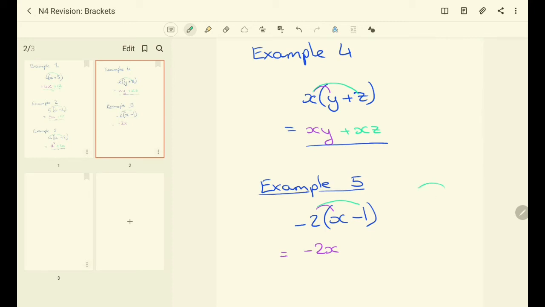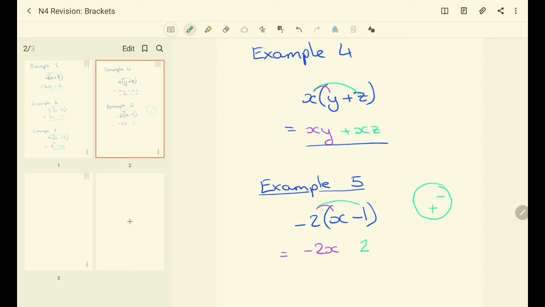Now this is a really handy little drawing for you to use. And the way we use it is we can do the 2 times the 1. We know that gives us 2. But the thing quite a lot of people find challenging is knowing if that answer is going to be positive or if that answer is going to be negative. This little smiley face is fantastic because we are multiplying negative 2, we rub out a negative.